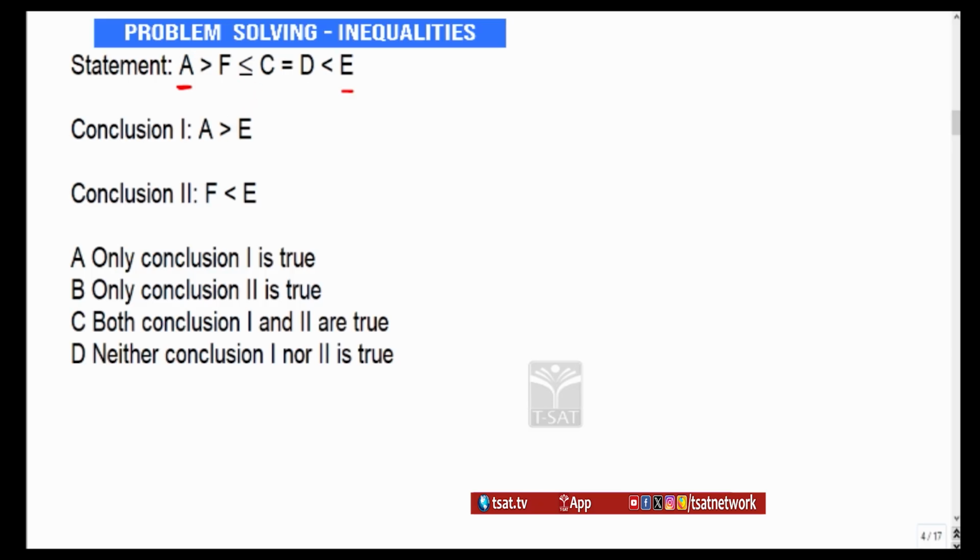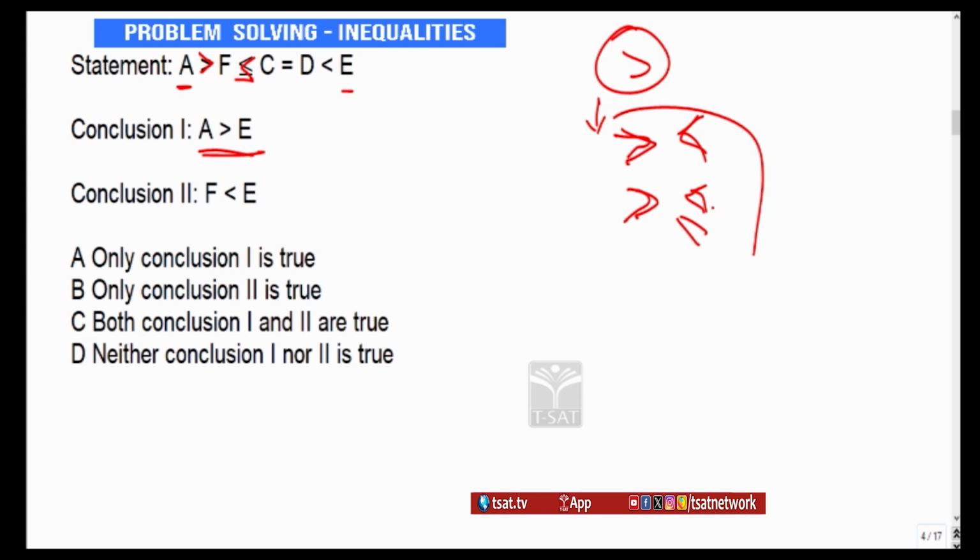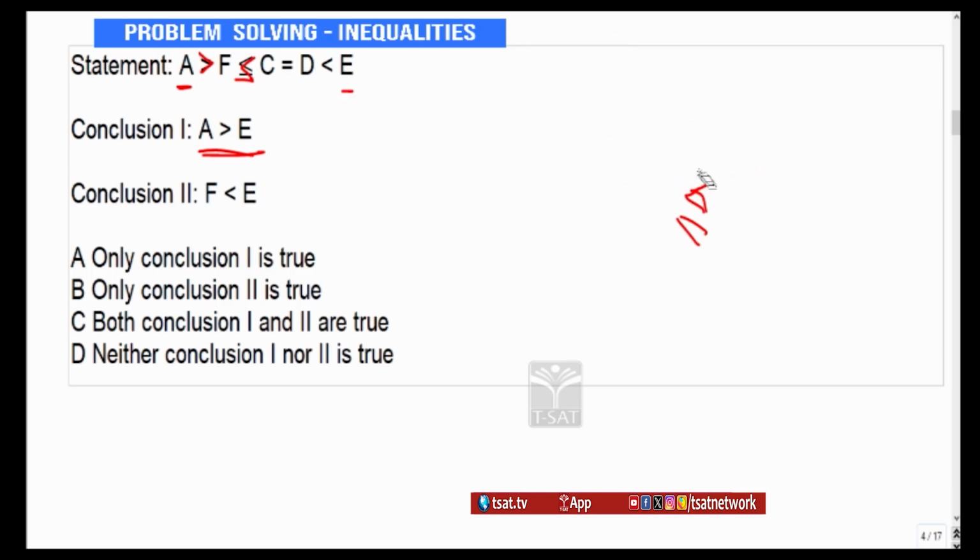See here, A is greater than F, okay fine, but in the same way F is less than C. Whenever these two opposites are there, that is greater than and less than symbols, or greater than and less than or equal to symbols follow, obviously it is asking here A is greater than C. So only greater than we require. But you see the following conclusions. For example, you see this is greater than and less than, greater than and less than or equal to. Whenever you see this, all these particular conclusions will become wrong. So directly you remember that.